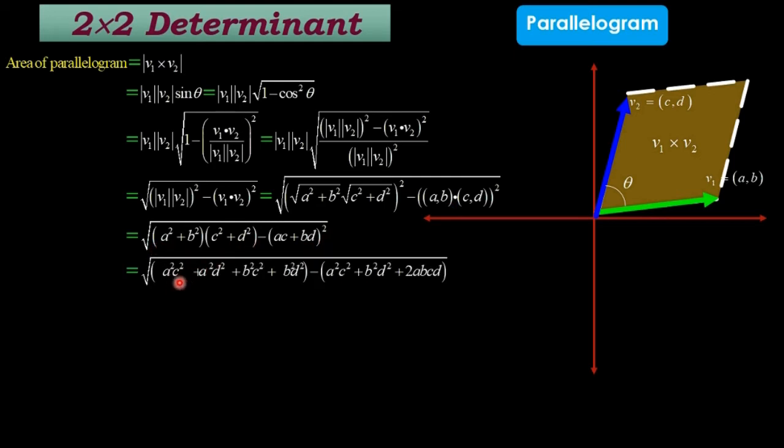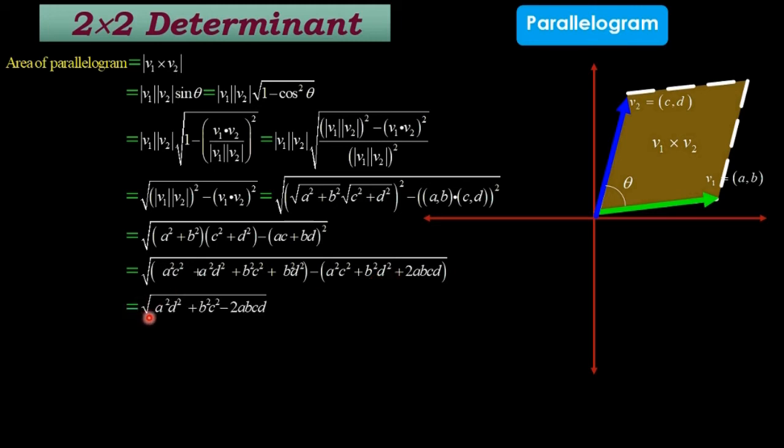By opening these two brackets, a square c square plus a square d square plus b square c square plus b square d square minus the square of (ac plus bd), which is a square c square plus b square d square plus 2abcd. So a square c square cancels with the minus a square c square and b square d square cancels with minus b square d square.